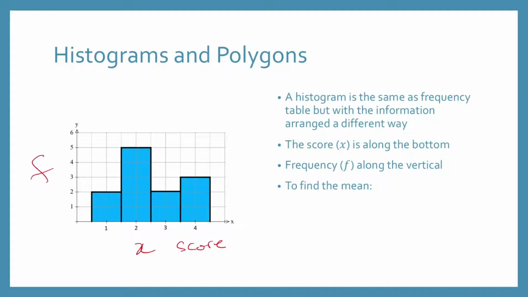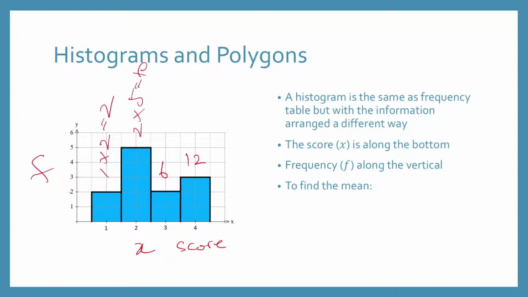To find fx, I do the same thing: frequency times score. So we got a score of 1, frequency of 2, 1 times 2 equals 2. Score of 2 times frequency of 5 equals 10. So that's going to be 6, and that's going to be 12.